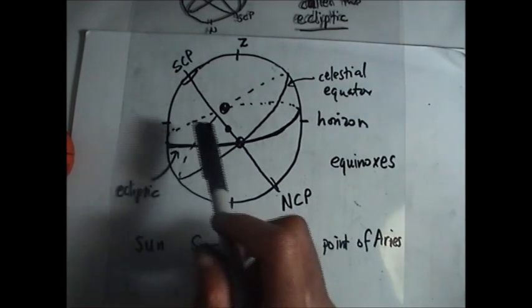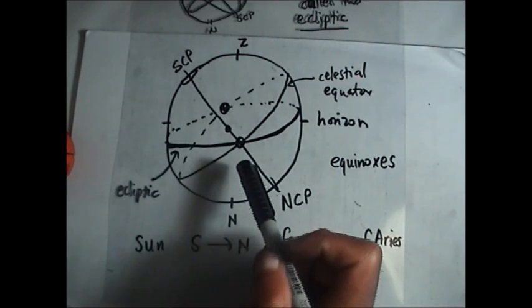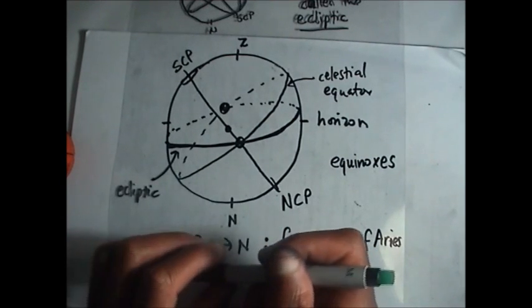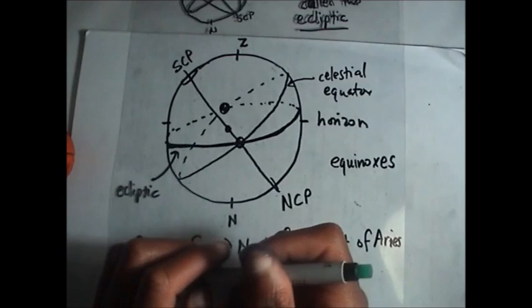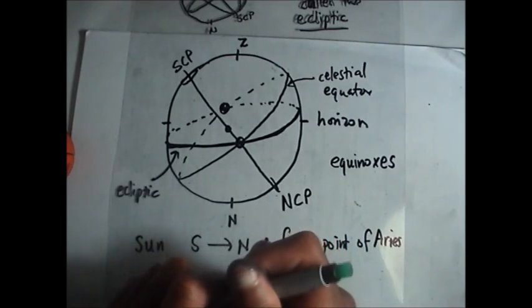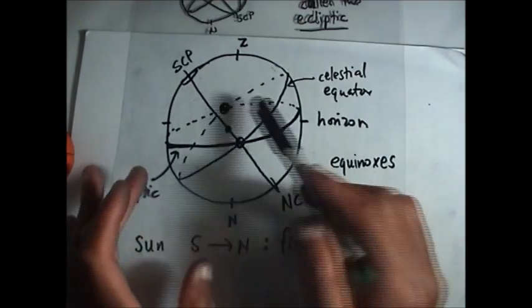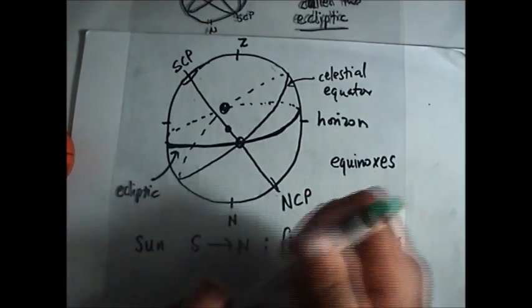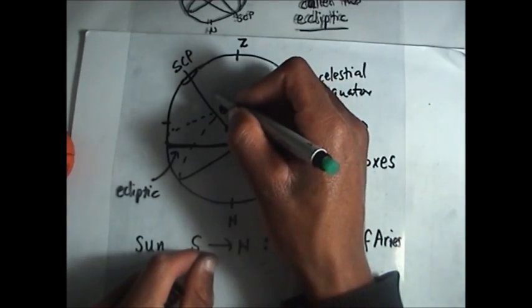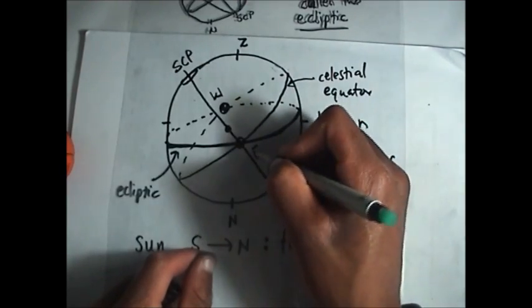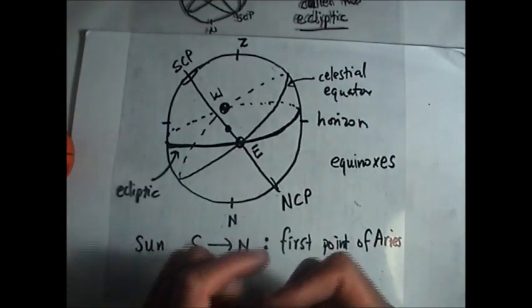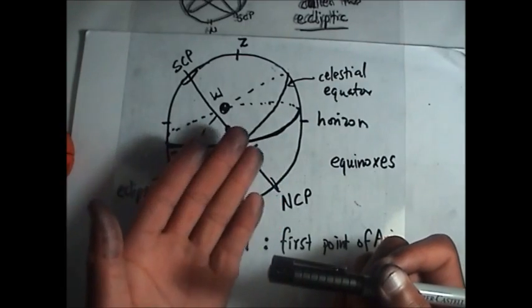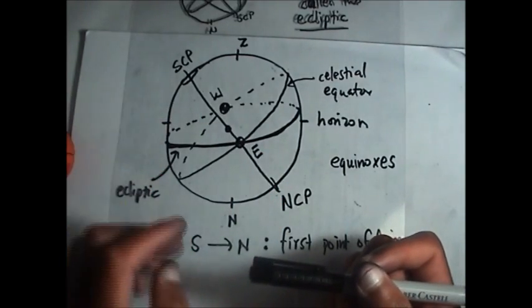So now when we're looking at our diagram, let's see where our west and our east is. With this diagram, I can see that my west is this side and my east is on this side. My east is on top here, and my west is at the back there.